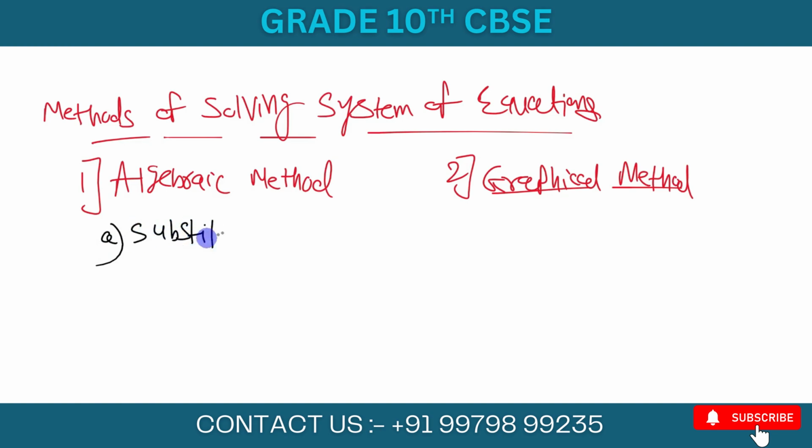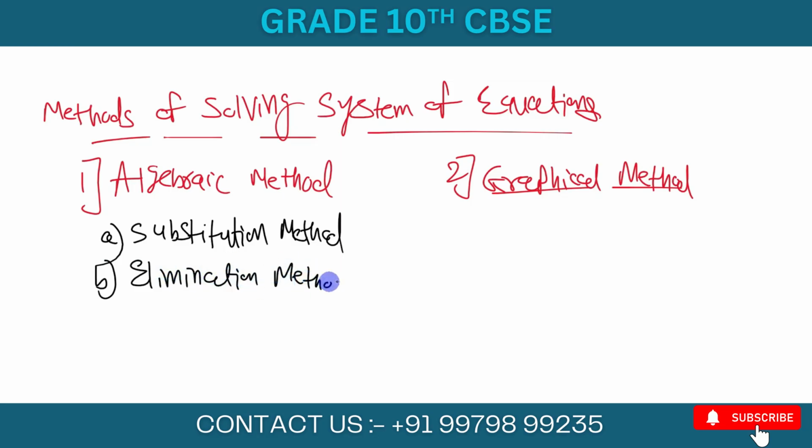Now in the algebraic method, again three methods are there. First method is the substitution method. Second method is the elimination method. These both we have to study according to the syllabus.